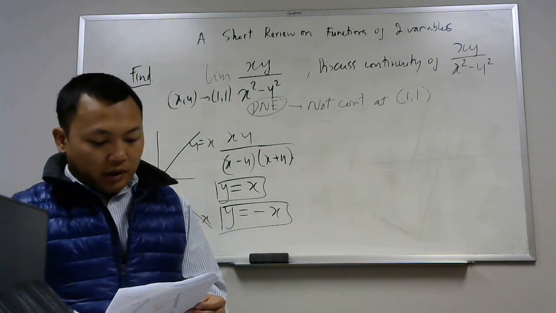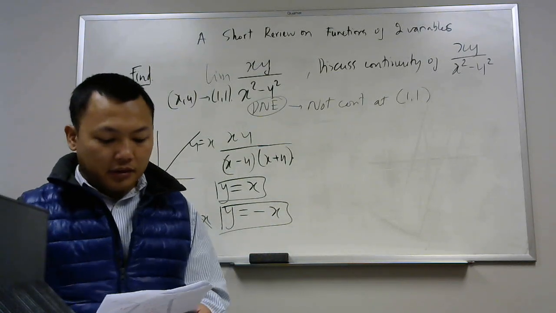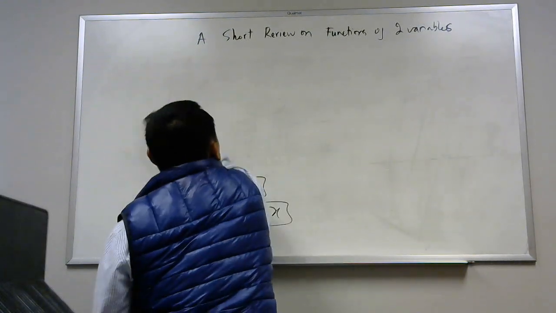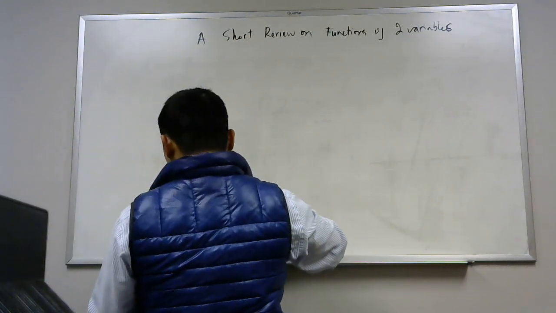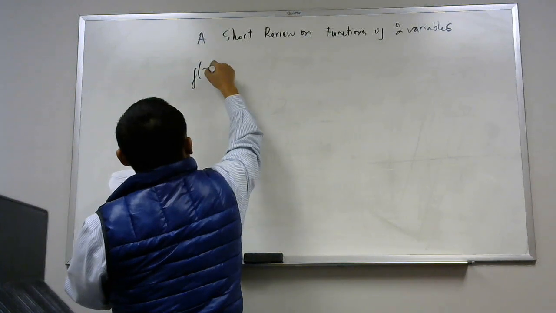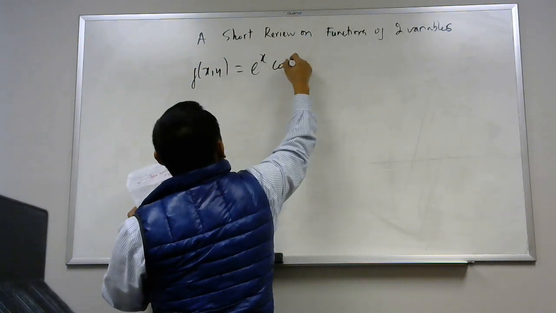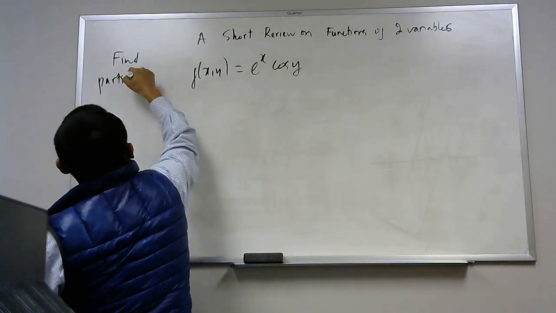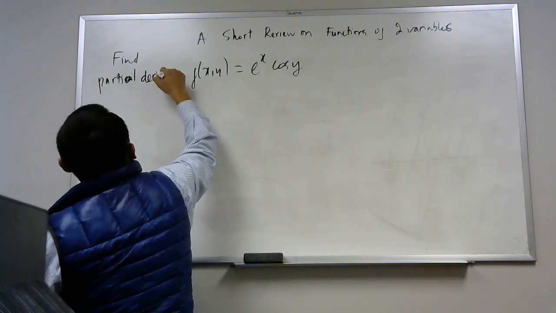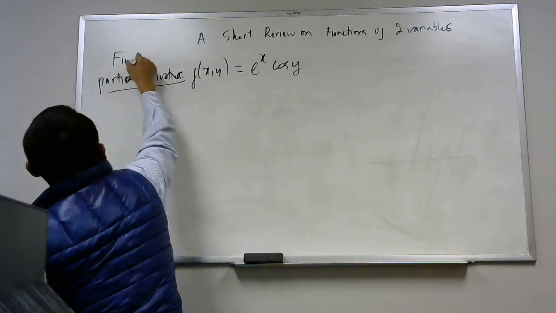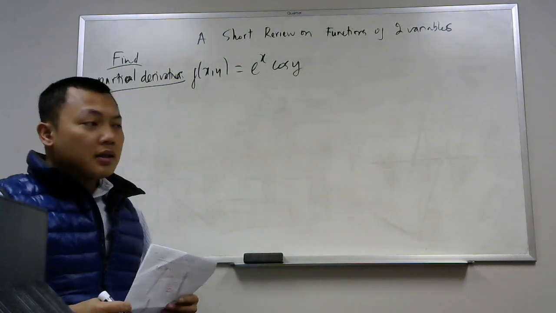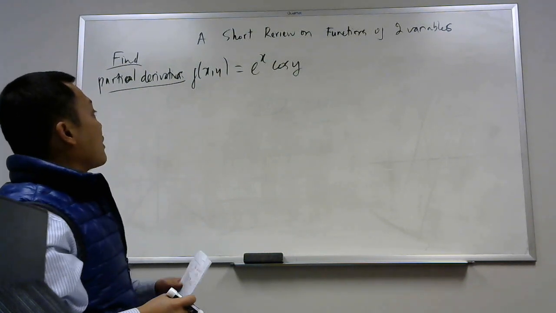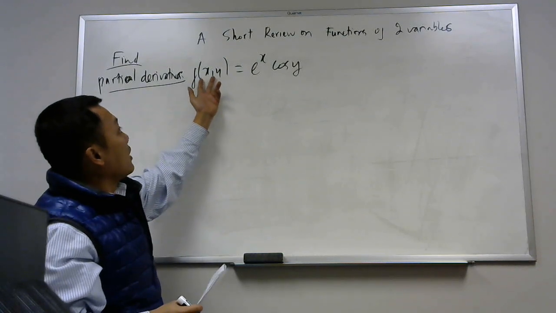All right, next question. Find all first partial derivatives. Here's the function f(x, y) equal to e^x cosine y, and find the partial derivatives. So partial derivatives means, here you have a function of two variables.